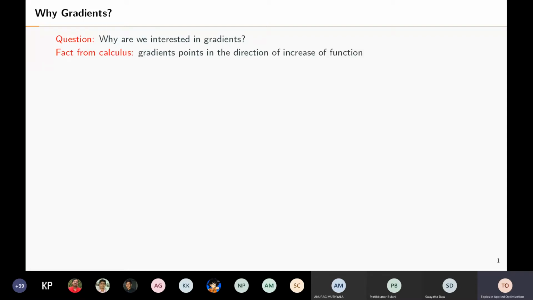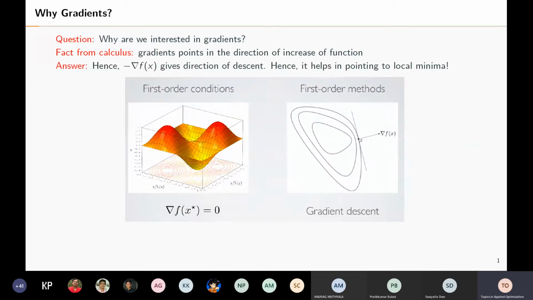Well, from calculus, what we can recall is that gradient points in the direction of the increase of the function. So if we take gradient of a function at a point, then it points in the direction of the increase. The vector direction tells you that if you go in that direction, it will increase. Hence, negative of the gradient will give us the direction of the descent.